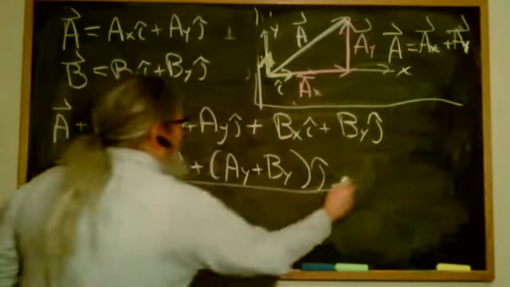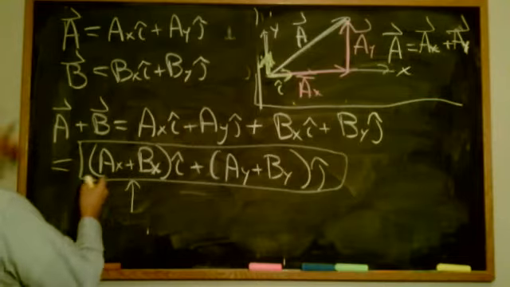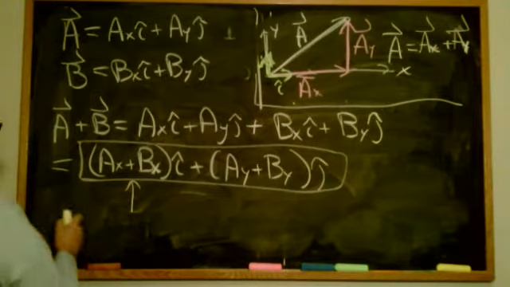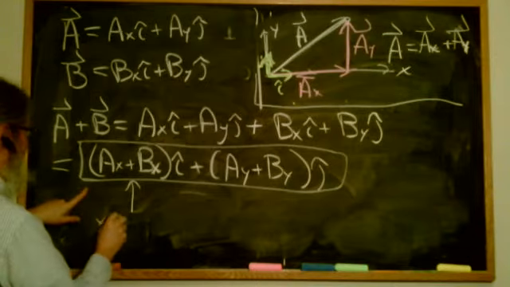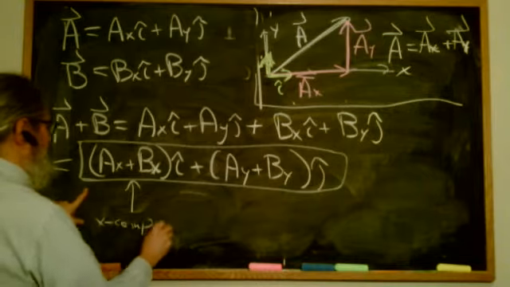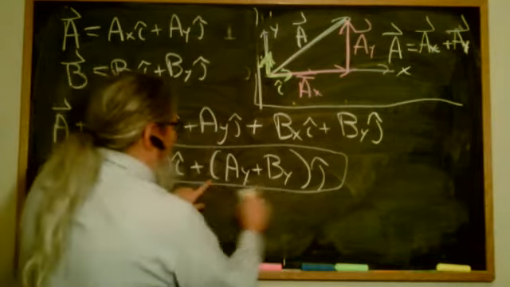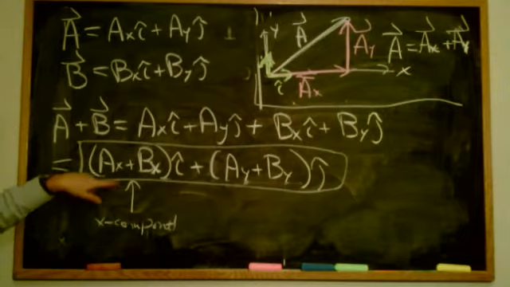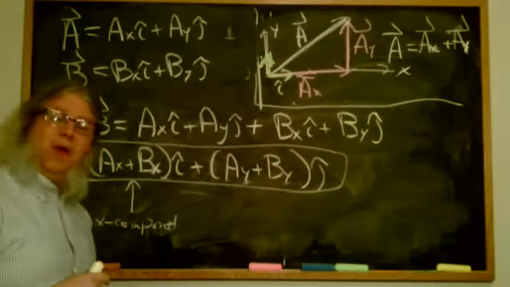So I have a way of determining the x component of this sum vector: whatever goes in front of i hat is the x component, and this is the y component. For example, if I define A plus B equal to C, then this thing here would be C sub x, and this thing here would be C sub y.